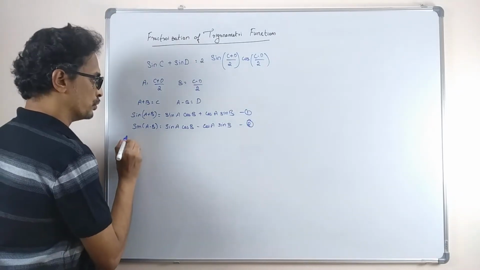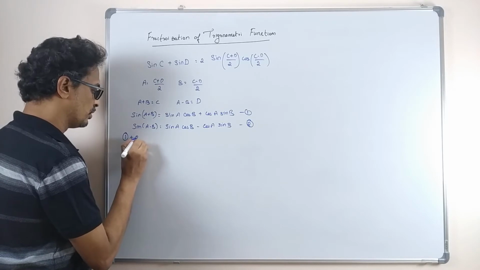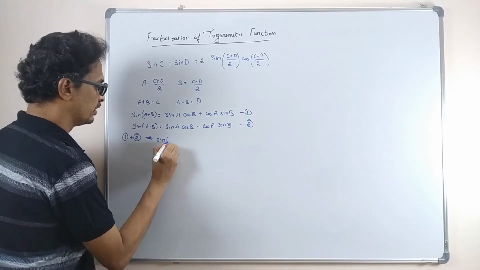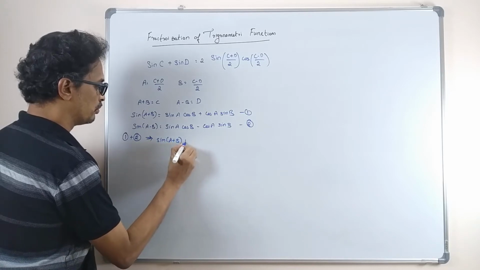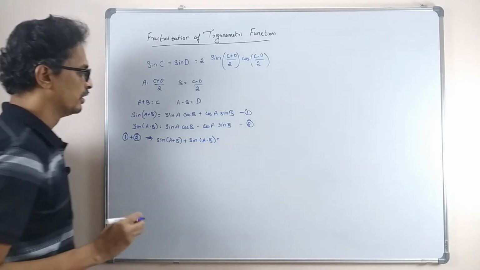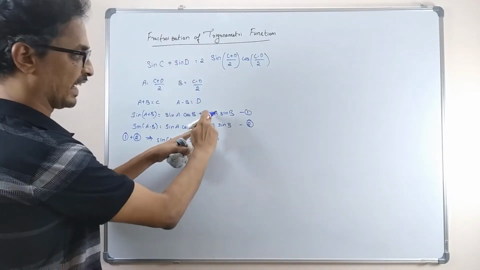So 1 plus 2. What will be 1 plus 2? Sine A plus B plus sine A minus B will be equal to what? When adding them both, these will get cancelled. Correct?